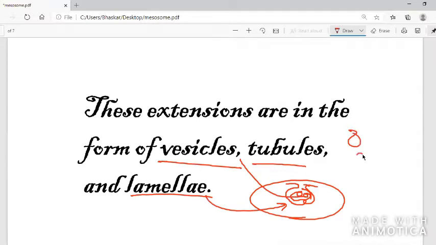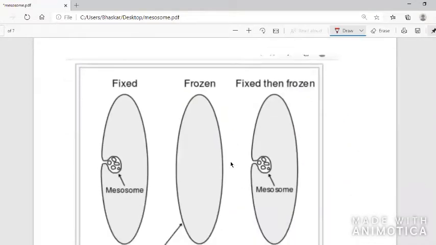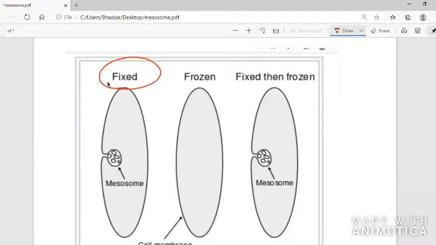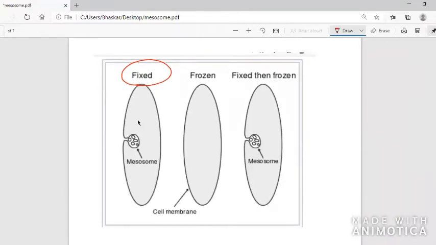The main contradiction was found when it was fixed. When it was fixed without using any chemical, you cannot see any mesosome. But when you use a chemical for fixing, they observe the mesosome.